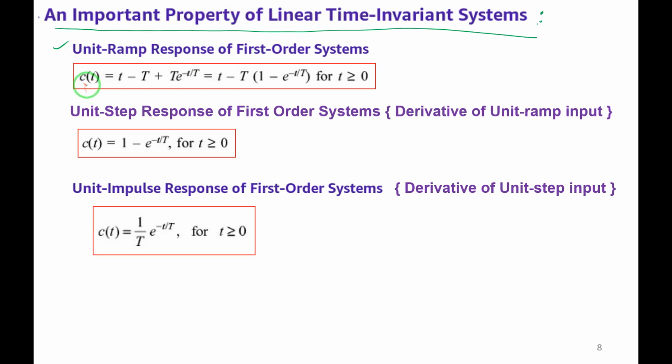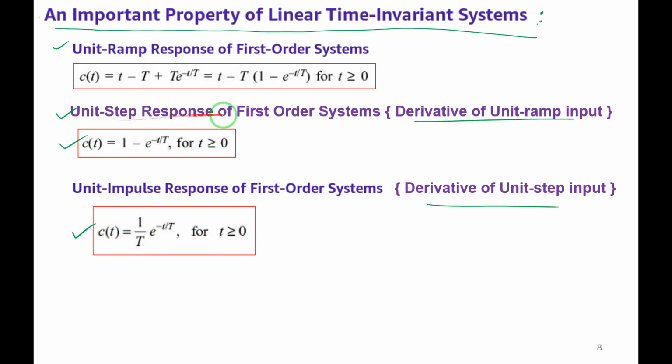This equation we know, c(t) is equal to t minus T plus T into e to the power of minus t by T for t greater than or equal to 0, but we have not derived it. Then the unit step response is 1 minus e to the power of minus t by T, this we have derived. We have listed the responses here. For unit impulse, I will be getting this decaying exponential, c(t) is equal to 1 by T e to the power of minus t by T. And whatever I have written, this is important here, right?